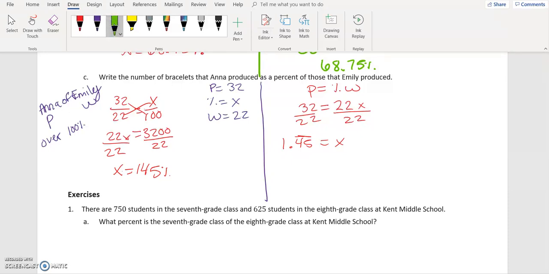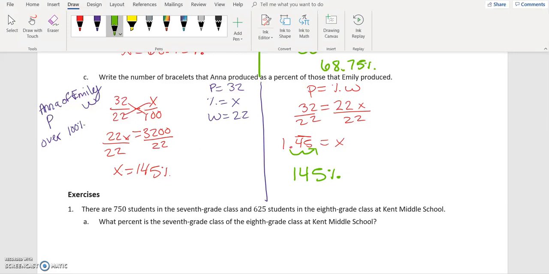So even when we do end up with a decimal in our answer, we still have to move that decimal 2 places to the right to actually make it into a percent. So we still have 145% as our answer. It just depends on what they ask you to round to. I'm going to round to the nearest whole number on this one.